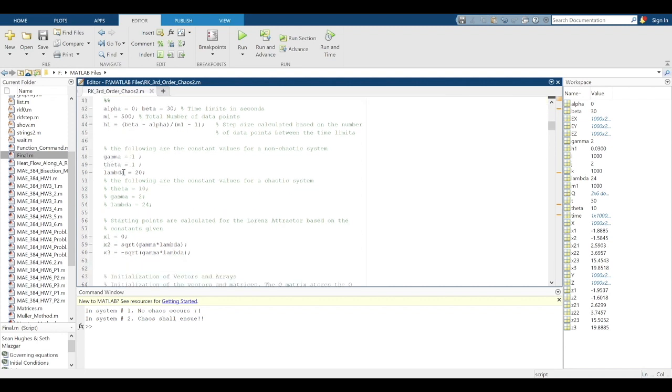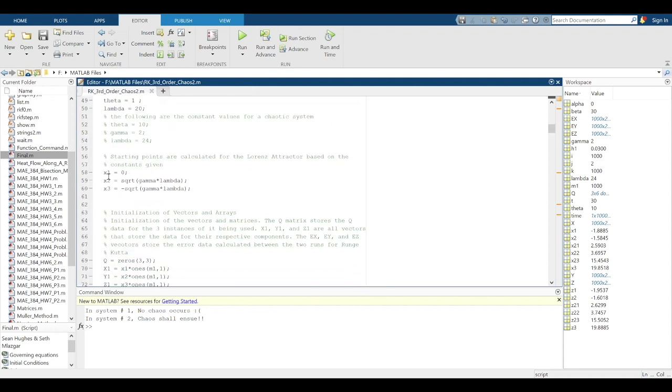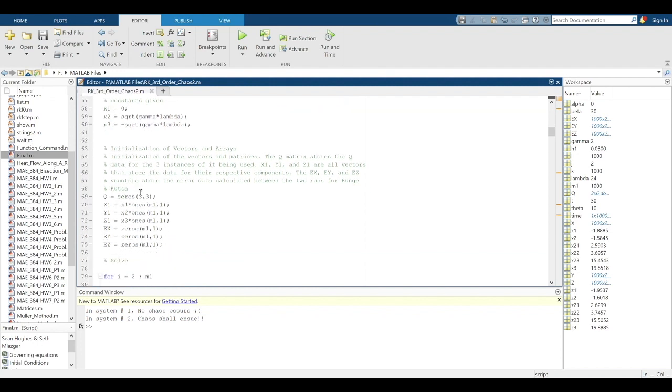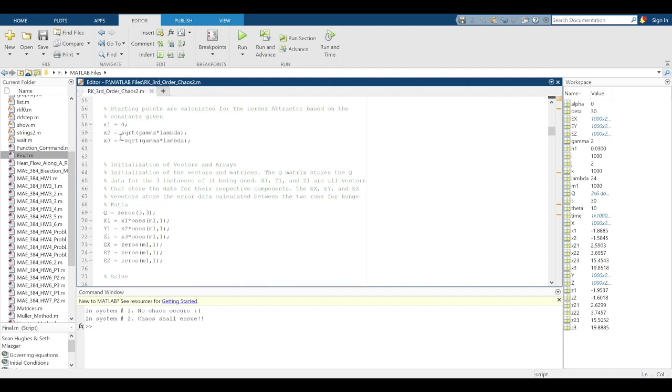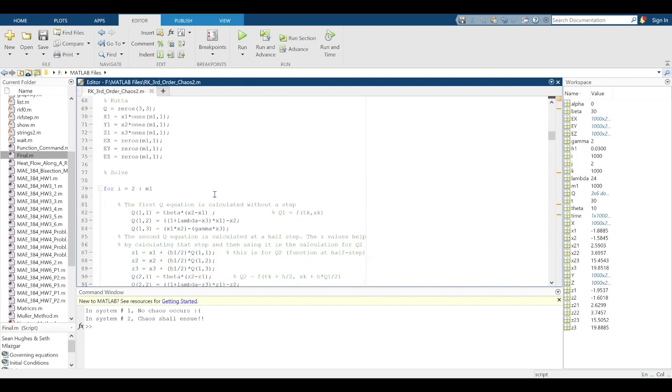This gamma, theta, and lambda is used for our Lorentz attractor system. I'll talk a little bit more about those in a little bit. And these are our initial conditions. We have x1, x2, and x3. And these are a set of vectors. This initializes the vectors that we're going to be using in order to store the values that we need with those x1, x2, and x3 values.